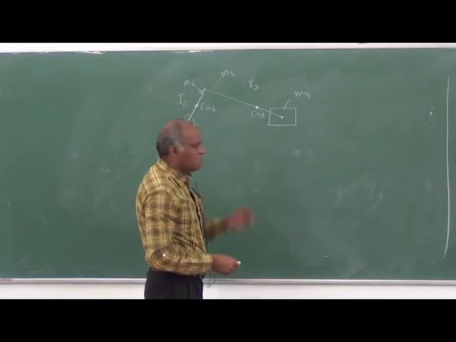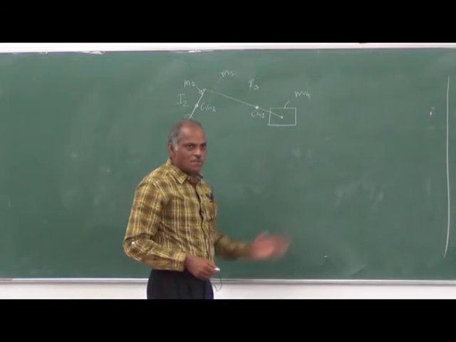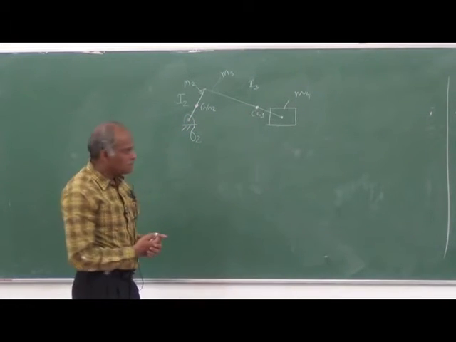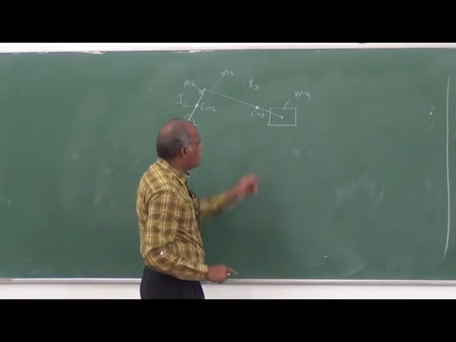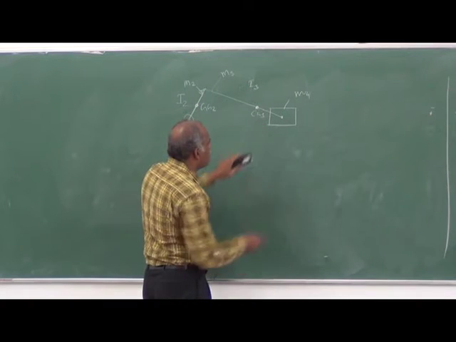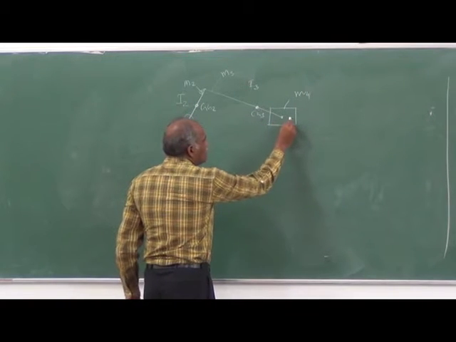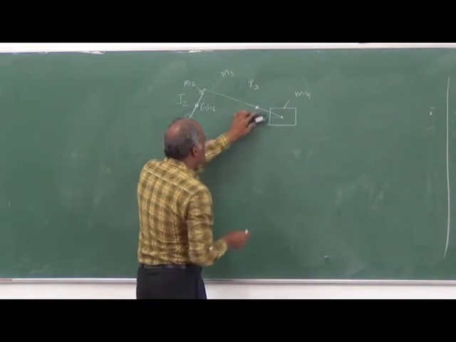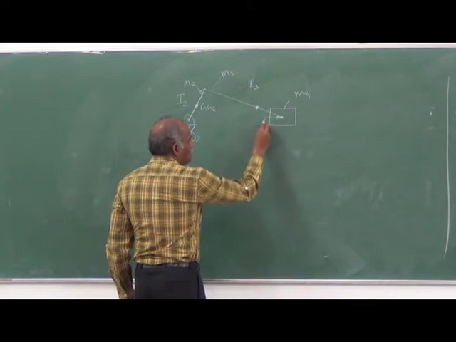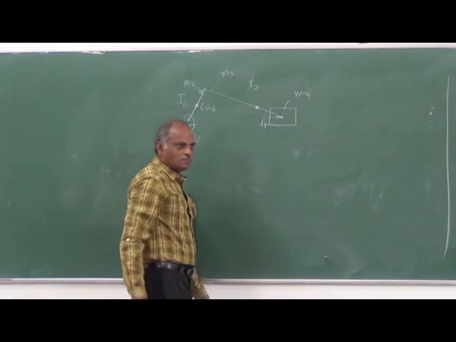In addition to this, if this information is given, you can do the dynamic force analysis. If you have an acceleration diagram, you can find out the acceleration of this piston, and you can impose the inertial force on this, that is F4.